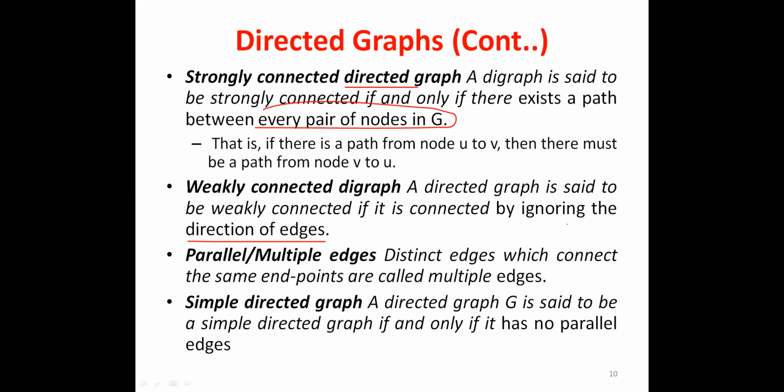Parallel or multiple edges we have seen, and a multigraph is an example of this. A directed graph is said to be a simple directed graph if it has no parallel edges.